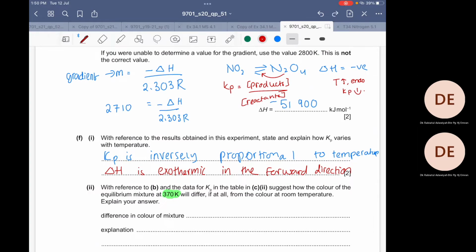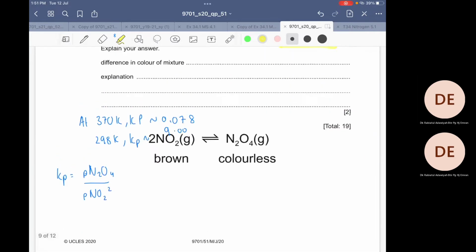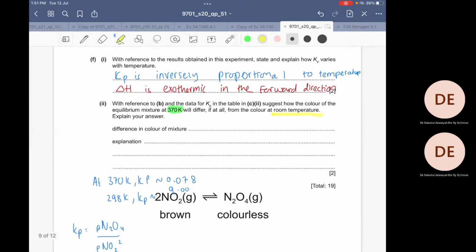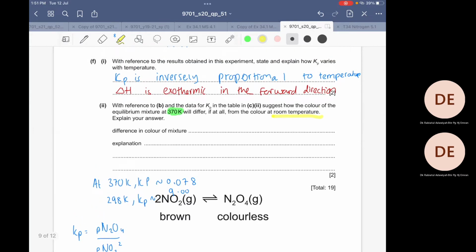With reference to B and the data for Kp in the table in C part 2, suggest how the color of the equilibrium mixture at 370 Kelvin will differ from the color at room temperature. So you need to know the Kp values at these two temperatures. At 370 as well as room temperature, which is 298 Kelvin. Right, so at 370 Kelvin, the Kp is around 0.078 approximately.